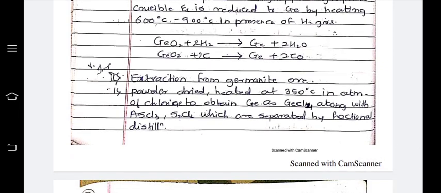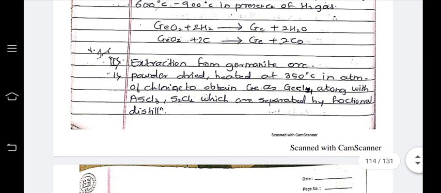So GeO2 plus 2H2 gives Ge plus 2H2O. Next reaction: GeO2, germanium dioxide, reacts with 2 carbons and gives Ge plus CO, carbon monoxide.